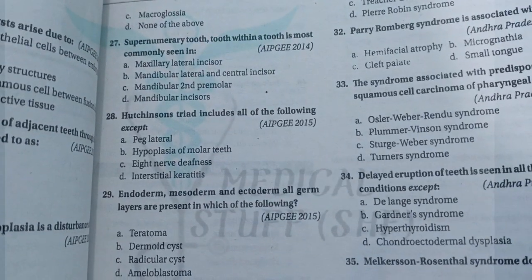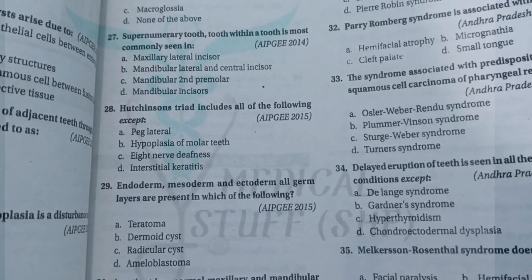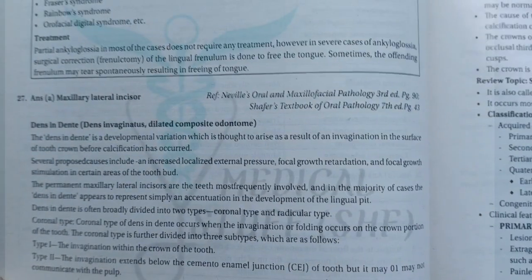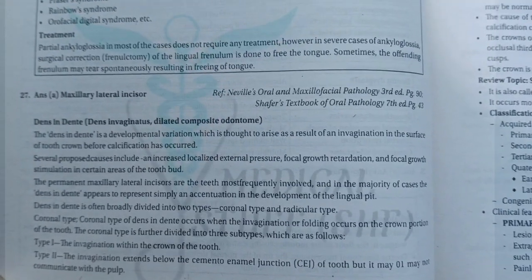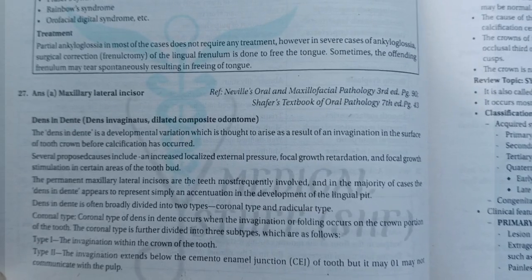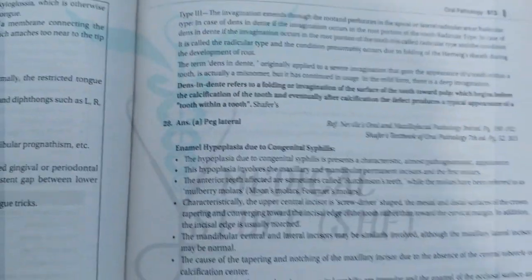The next question is: supernumerary tooth within a tooth is most commonly seen in. The answer is maxillary lateral incisor, which is sometimes also called invaginated dentine. These are almost all lines from your book; the MCQs are made from the lines of the book's topics.